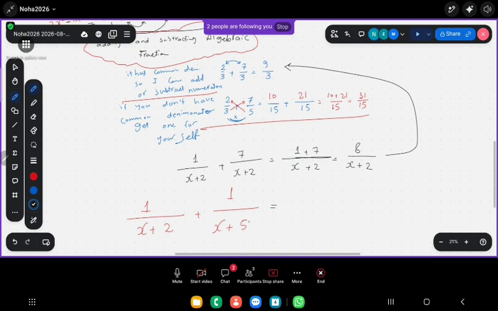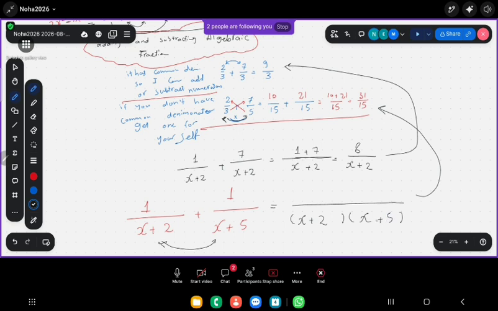How can I take my common denominators? Like it was here, I multiplied all the denominators together. Now I have to multiply all denominators together. So I will multiply x plus 2 multiplied by x plus 5.